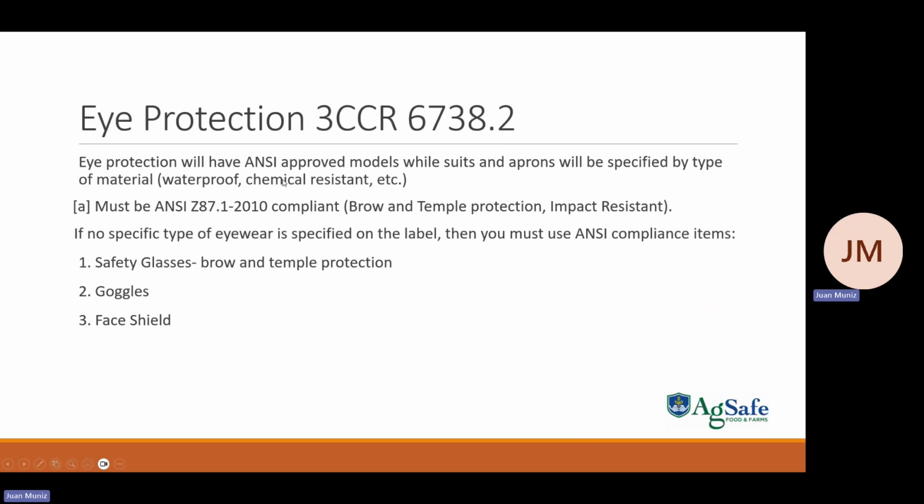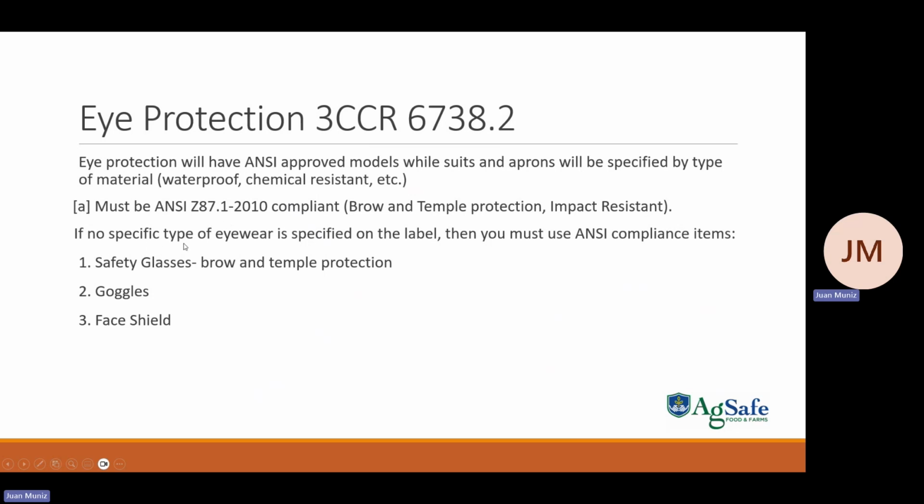It's a standard used for the eye protection. It must be ANSI Z87.1-2010 compliant. And all that means is that it must have brow and temple protection, and they must be impact resistant. So there are some minimum requirements to meet under this ANSI standard.